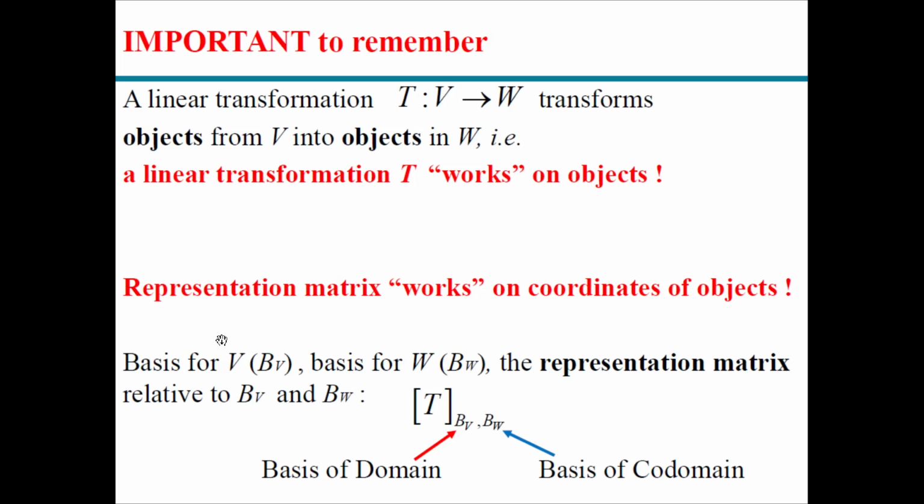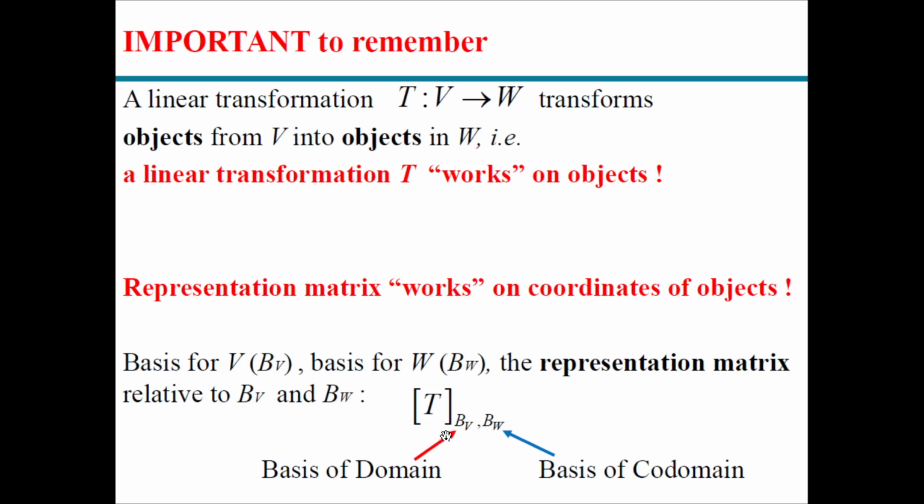Okay, so each time we change a basis for one of the linear spaces, our representation matrix changes, but it's the same linear transformation T. The linear transformation doesn't change, but its representation matrix changes depending on the basis we choose for the domain or the codomain. So you see the notation here.